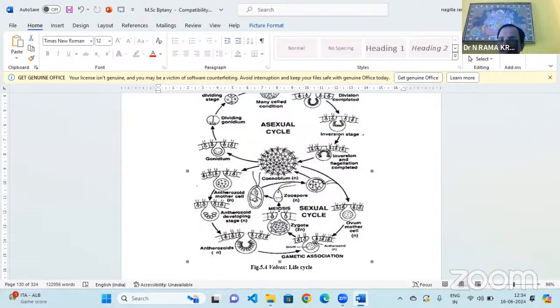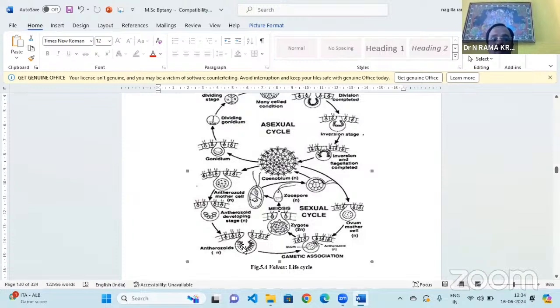At the time of fertilization, many antherozoids enter the oogonium. Oogonium means the female reproductive organ, but only one antherozoid successfully fertilizes the egg.